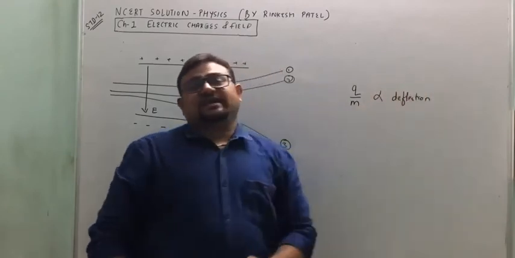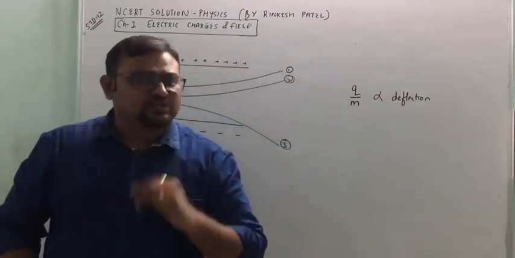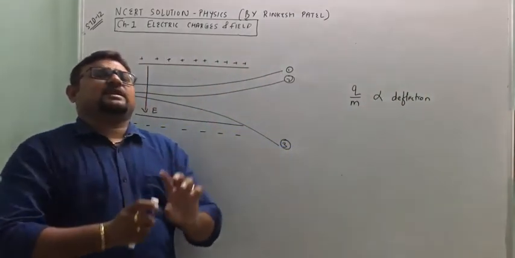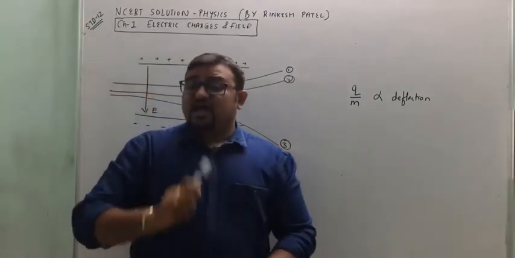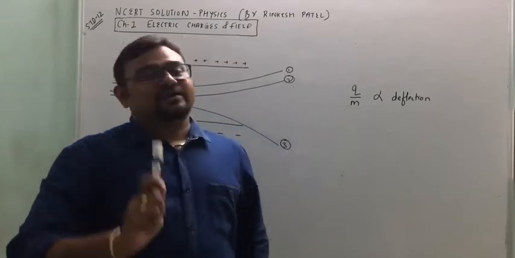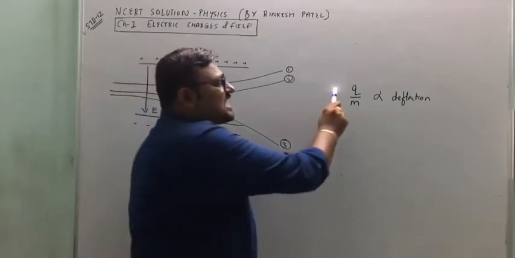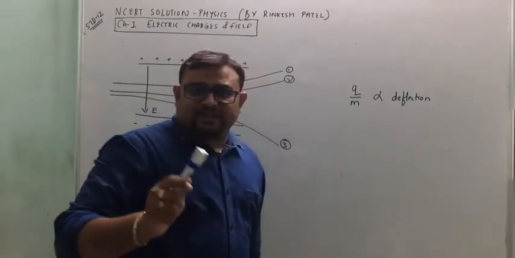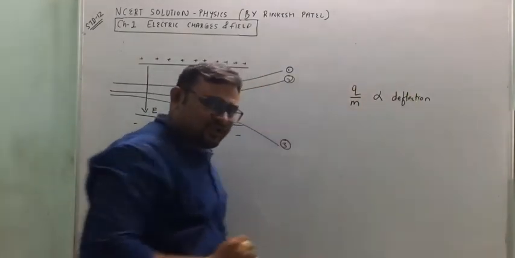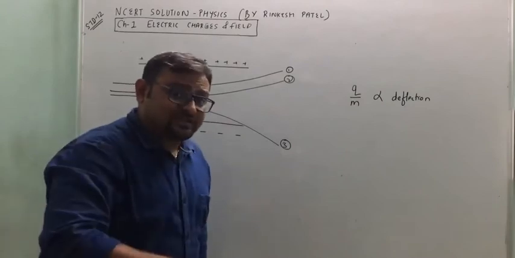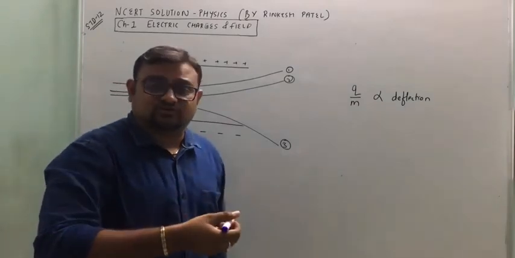And second, if I take two charges and place them in the same electric field, the force acting will be EQ. That means higher the charge, higher the deflection. So charge is directly proportional. So for the ratio, Q by M is directly proportional to deflection. So higher the deflection, higher the ratio of charge to mass.